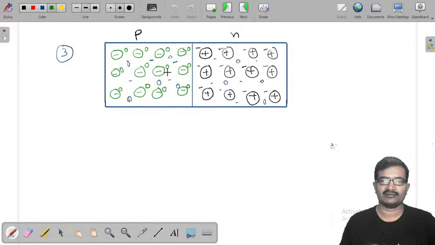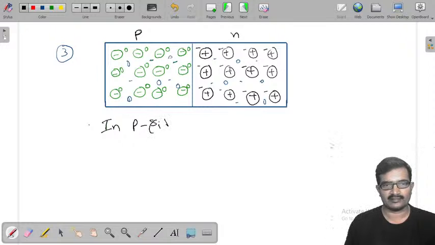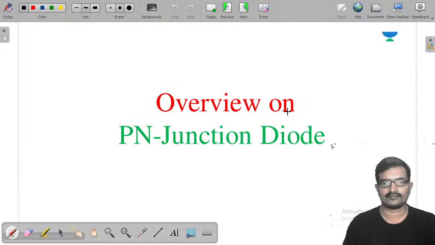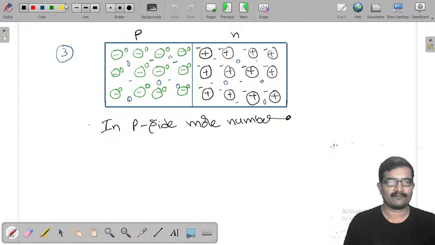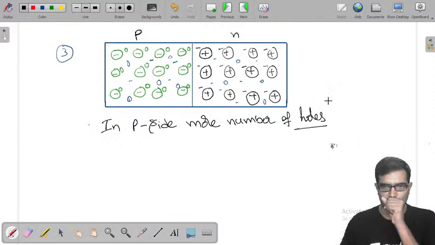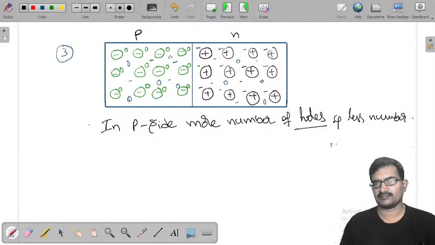So I am writing that point. My dear students, if anybody wants, please take a note. In the p side, more number of holes and less number of electrons.